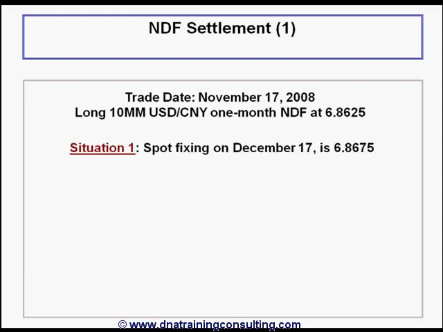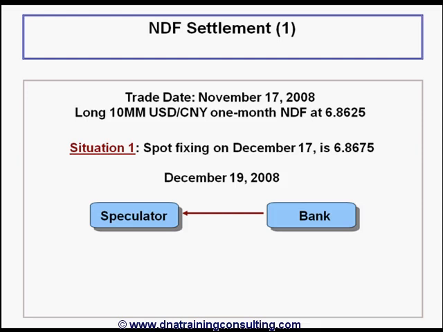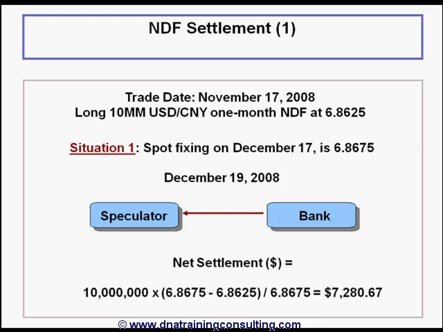If on December 17, 2008, the spot fixing is 6.8675, the bank will deliver on December 19 a net settlement amount of $10 million times (6.8675 minus 6.8625) divided by 6.8675, which is equal to $7,280.67.